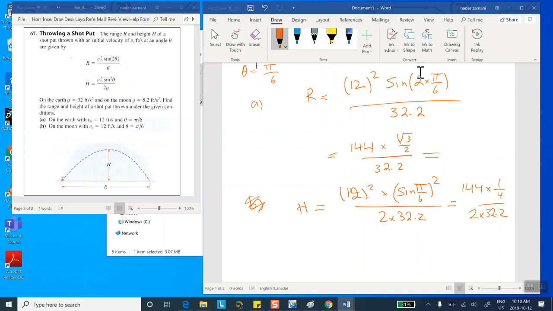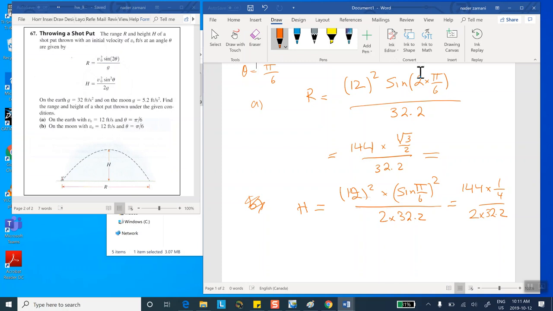Okay, and for the height, I don't like this number because this number is too small. But well, what can I do? That's what it is. Oh, but the angle is high. The angle is 30 degrees, so maybe that's why.